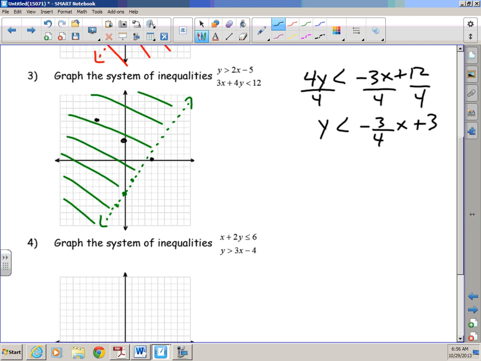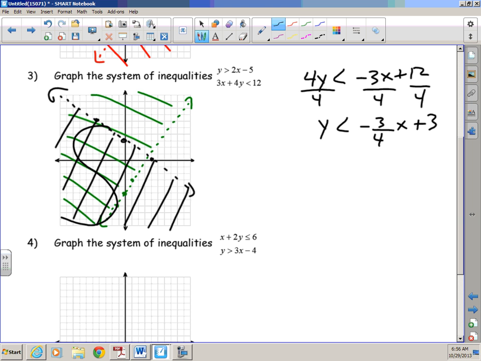Since it's still less than, it's a dotted line. And it's less than, so I'm going to shade below. It's a little bit easier to see with the different colors, but where you see the checkered part, right between these two parts of the line, that is my solution set.